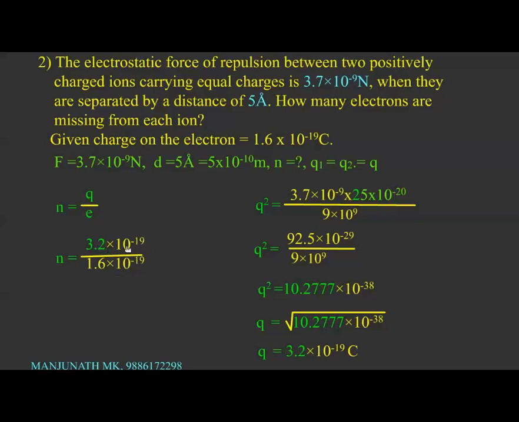This 10 to the power of minus 19 gets cancelled. 3.2 divided by 1.6, 1.6 twos are 3.2, therefore N is equal to 2. So here 2 electrons are missing, so that the charge has become 3.2 into 10 to the power of minus 19 coulomb. This is a positive charge.